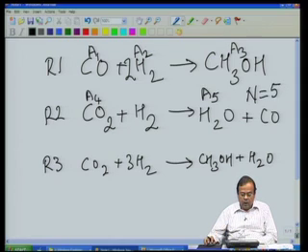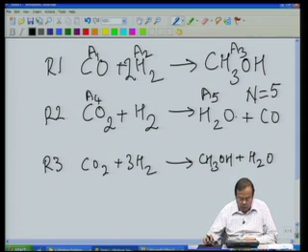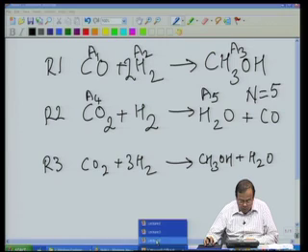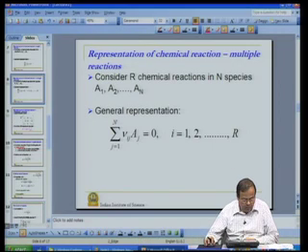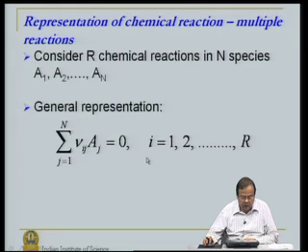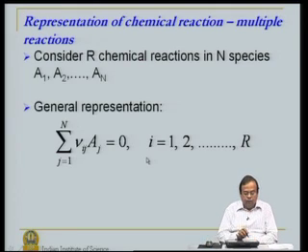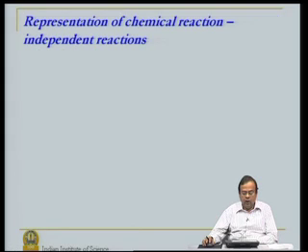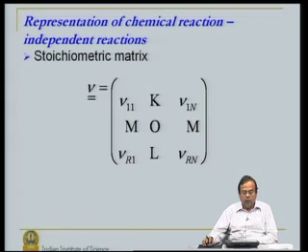So, how do I find that out? I find that out by going back to my mathematical representation of multiple reactions and focusing on the stoichiometric coefficients. In fact, we can write the stoichiometric coefficients for all reactions put together in a matrix form.